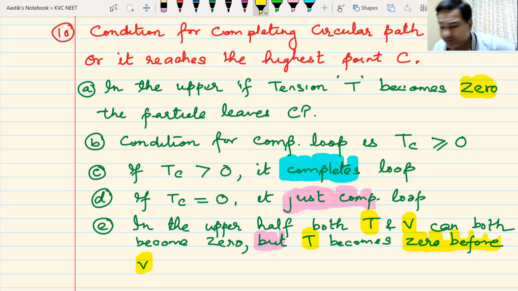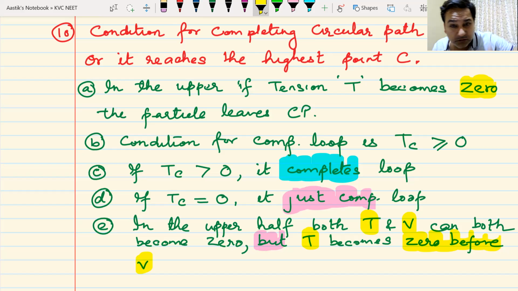In the lower half, if you can recollect, tension has no chance of becoming zero. It cannot become zero. If the speed is exactly equal to root 2 GL, both of them become zero at the same time.